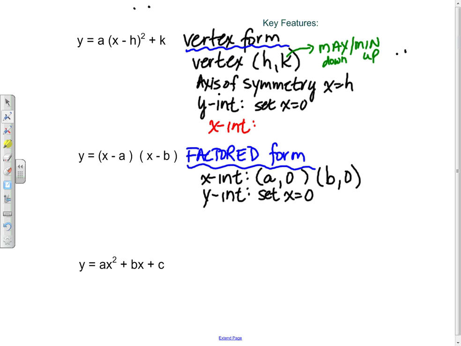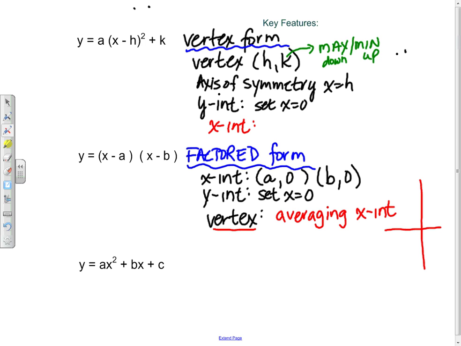The axis of symmetry and the vertex and the maximum and minimum value are a little bit trickier. The vertex can give us all of those things, but it is not immediately obvious looking at this particular form. Our vertex can be found, however, by averaging the x-intercepts. If you have a parabola with x-intercepts, here and here, your vertex will lie right in the middle of those two x-intercepts.